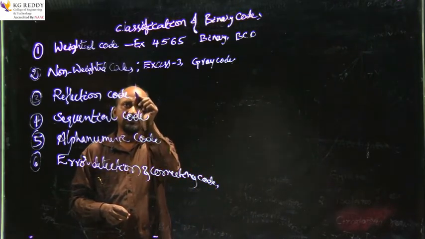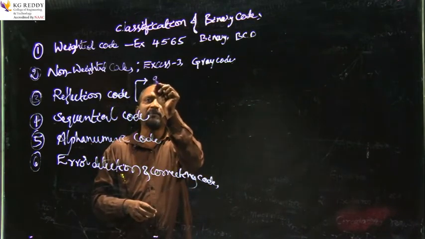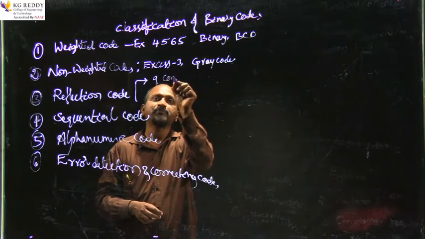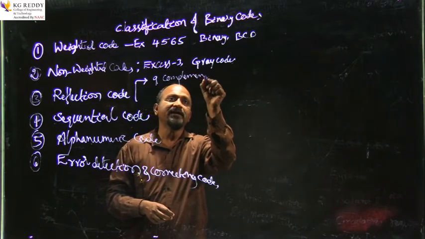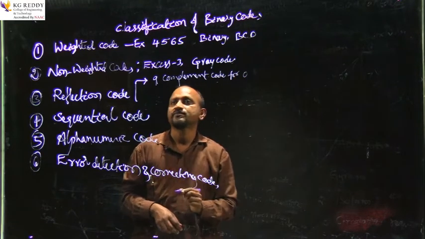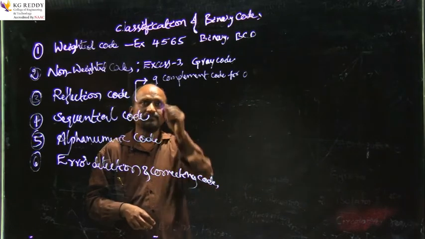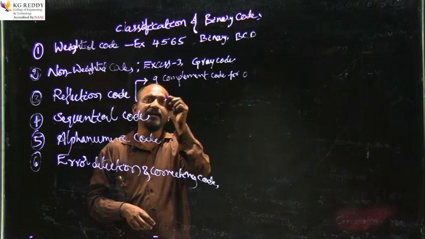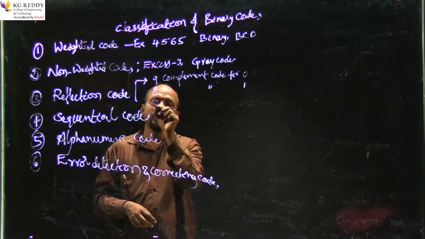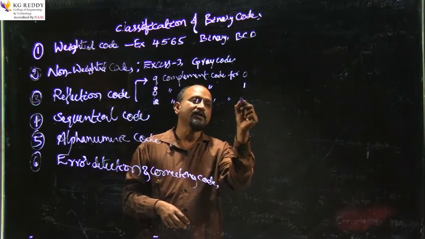In the reflective codes, the codes will be reflective. For example, the 9's complement code for 9 is 0, and for 8 it is 1, similarly the complement code for 2 is 7.